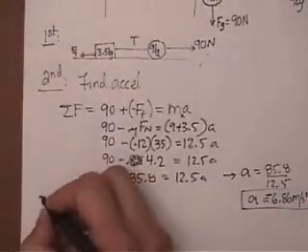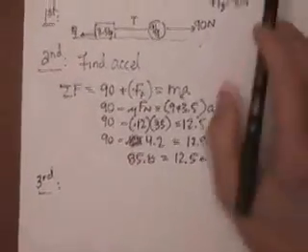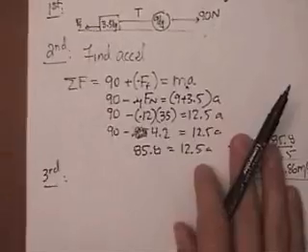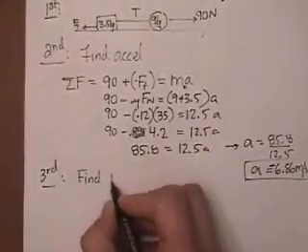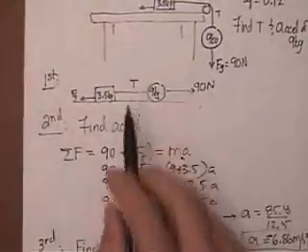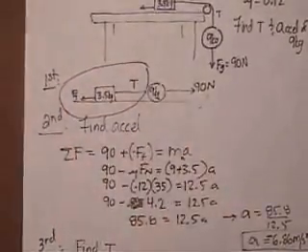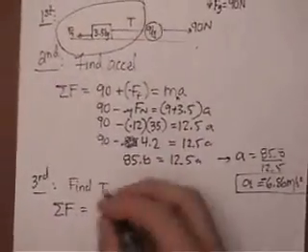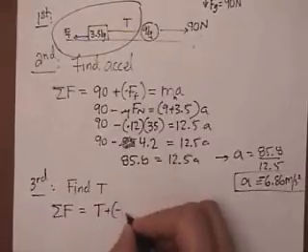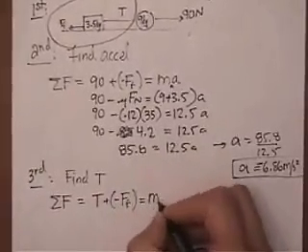For my third step, I'd like to find my tension, which is what I asked for up here. So find tension. So to do that, find T. I'm going to use my linear situation. I'm going to remember that this is the only spot that actually affects the tension. So when I do my sum of my F's, I'm going to get tension added to negative force of friction equals ma.